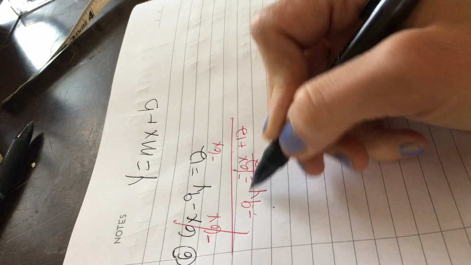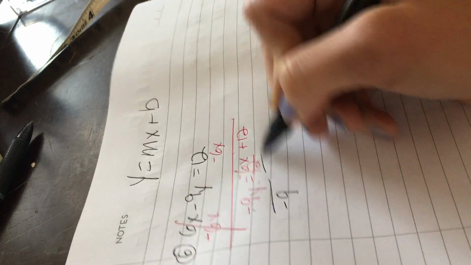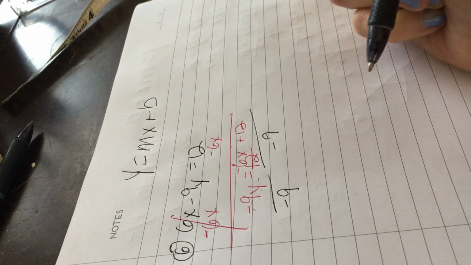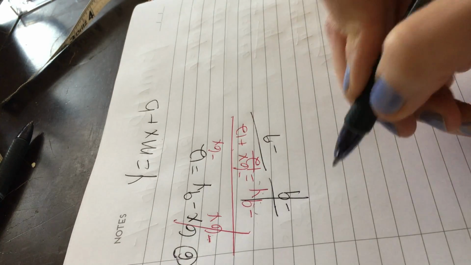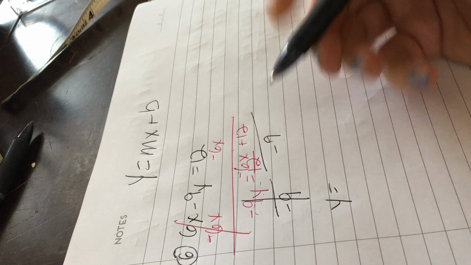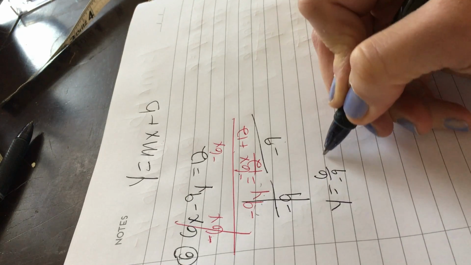Y is multiplied by a negative 9, so I have to divide each side by a negative 9. That cancels out. Y equals 6 divided by negative 9.